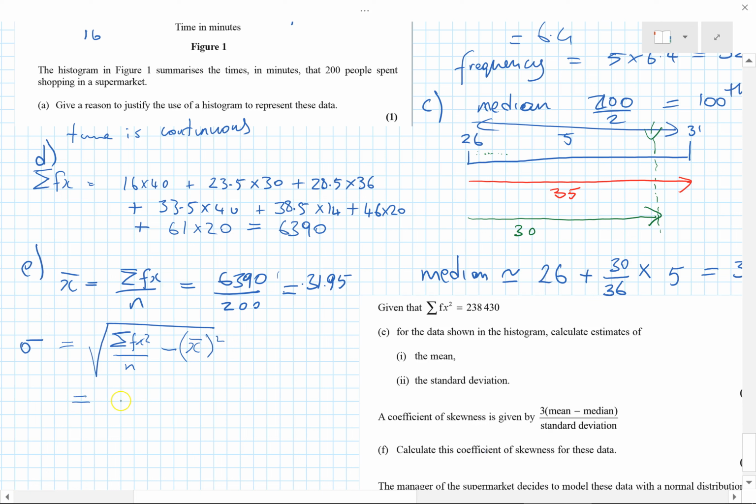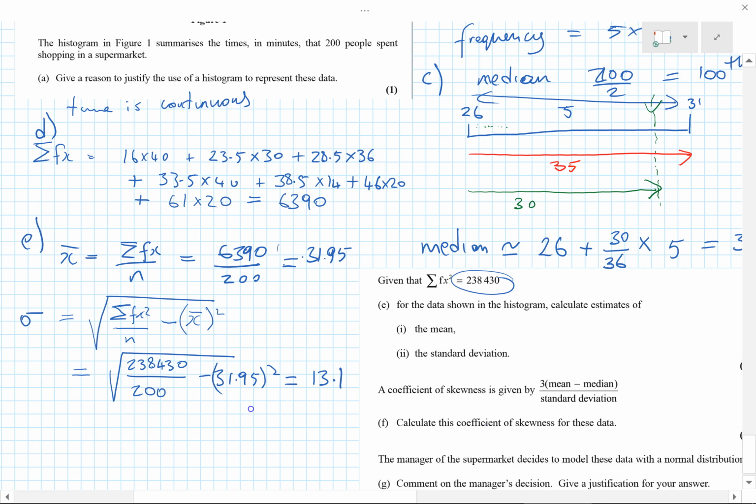So that equals, the sigma fx squared is given, that's 6238430 divided by n, which is 200, minus the 31.95 squared, and that equals, if we round it to three significant figures, 13.1.